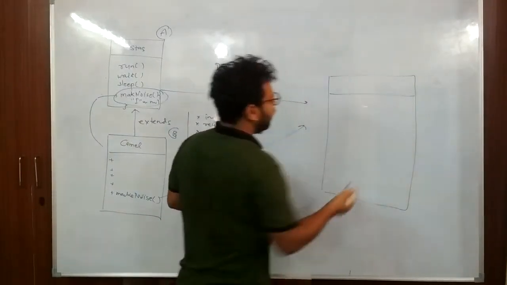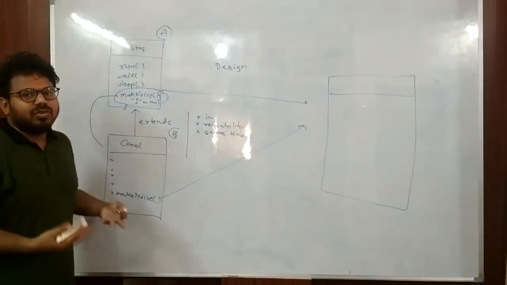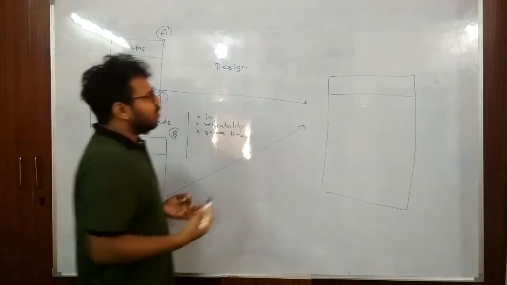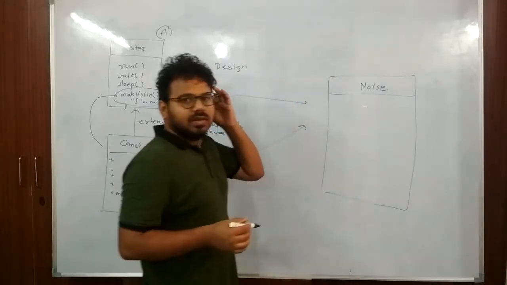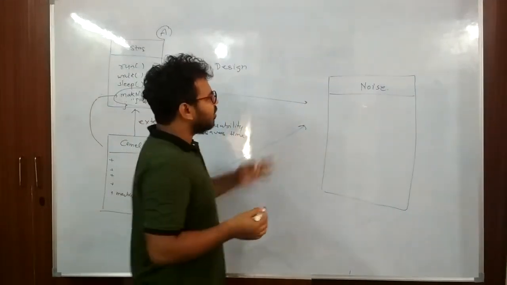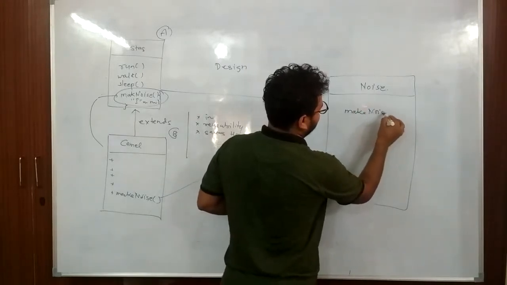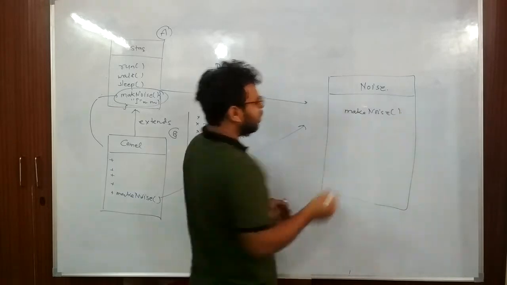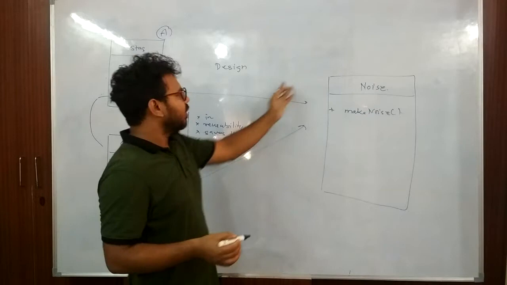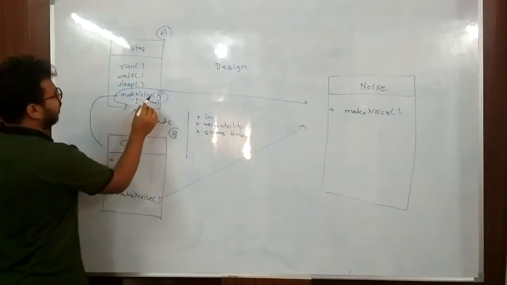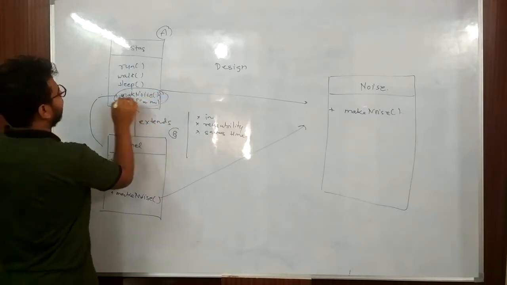That's how designing works. We should think about when to go for the is-a test and when to go for other classes. So we will go for a Noise class here, and in this Noise class we should define a method makeNoise. Now how will you use it?